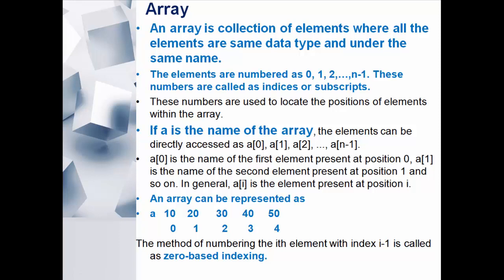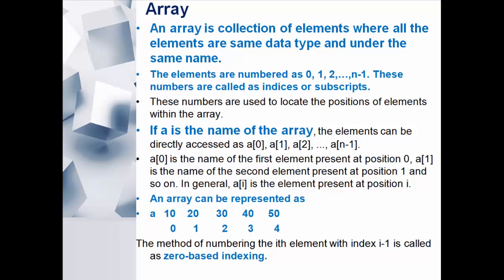Next point, a of 0 is the name of the first element present at position 0. So a of 0 is the very first element present in an array. Next, a of 1 is the name of the second element at position 1, and so on, because I already told you that the array position always begins from 0.